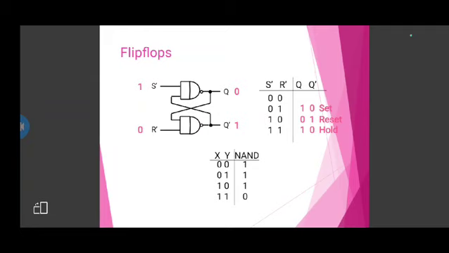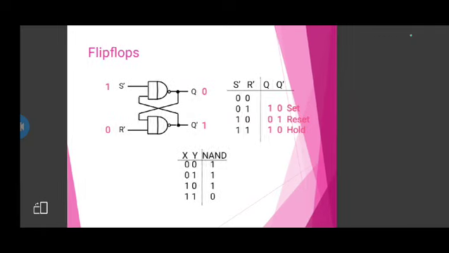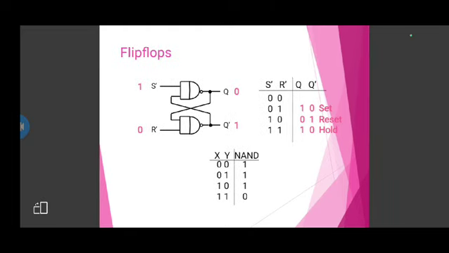When it changes from 0 to 1, it is reset, and when it changes from 1 to 0, it is set. And when the two inputs are 1 1, it is hold position. In this flip-flop, when 1 0 or 0 1 is given as an input, the Q bar is 1 and 0, that is set position.